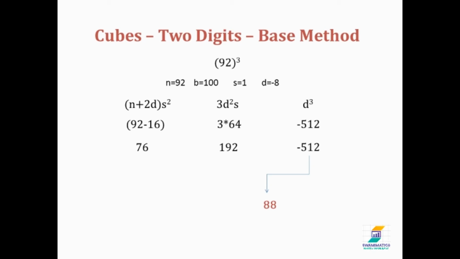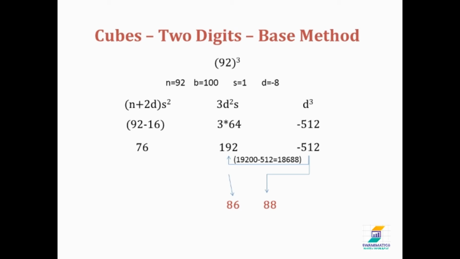Right? Now, since the number is negative, what is it you should do? Subtract it from the next term. The next term is 192. That means it is actually 19200. So from 19200, if you subtract 512, you get 18688.